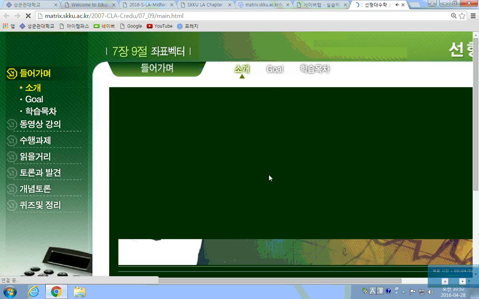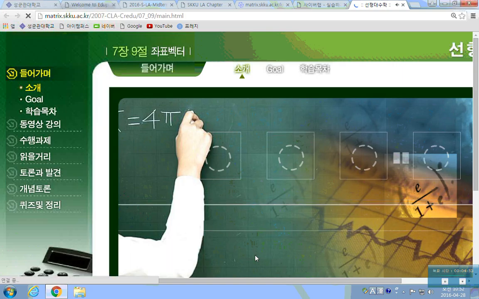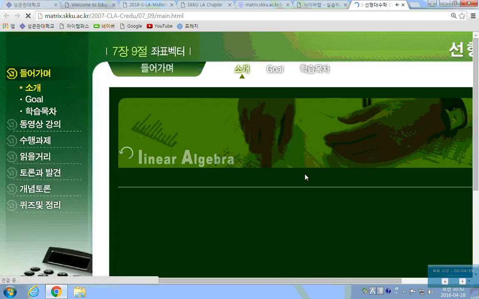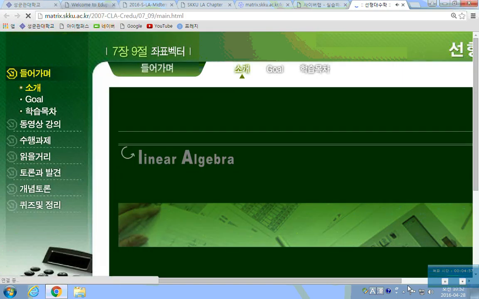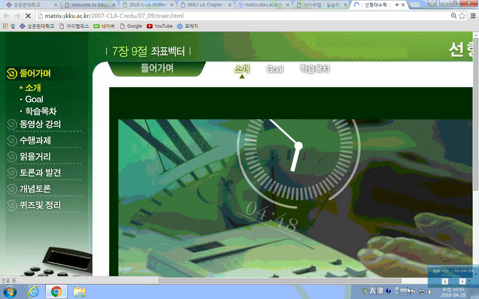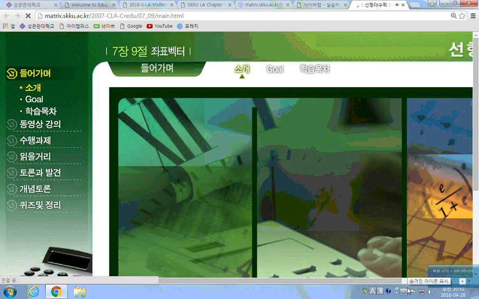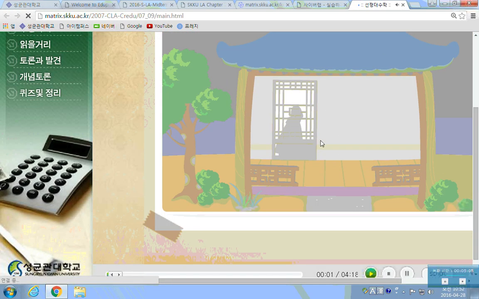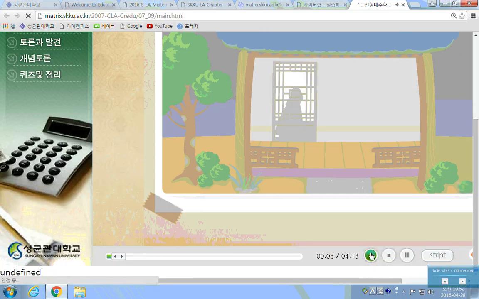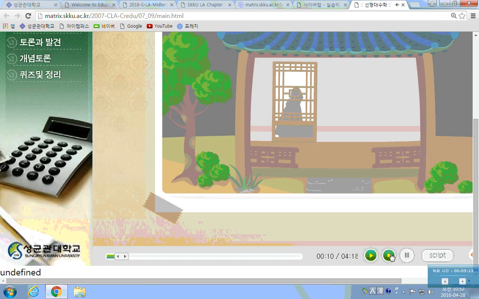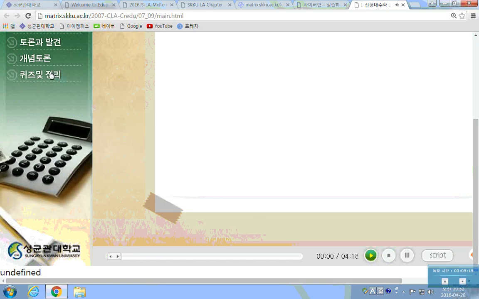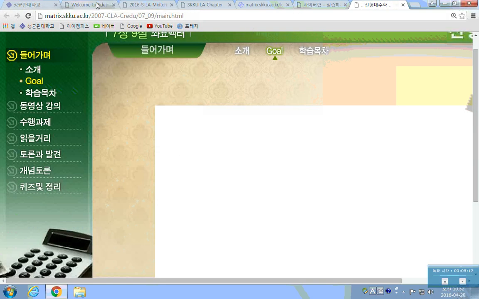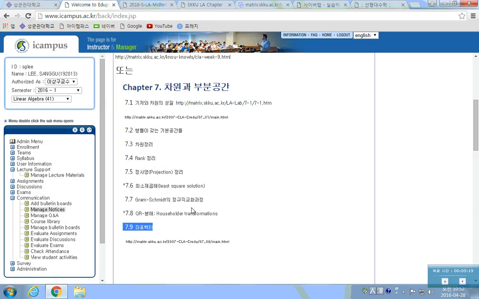Actually, I made this more than 10 years ago, and you will see the sound. Yeah, this is a very old version, but it will be pretty interesting to see. It is well made, actually. It was used for the Open Cyber University before.